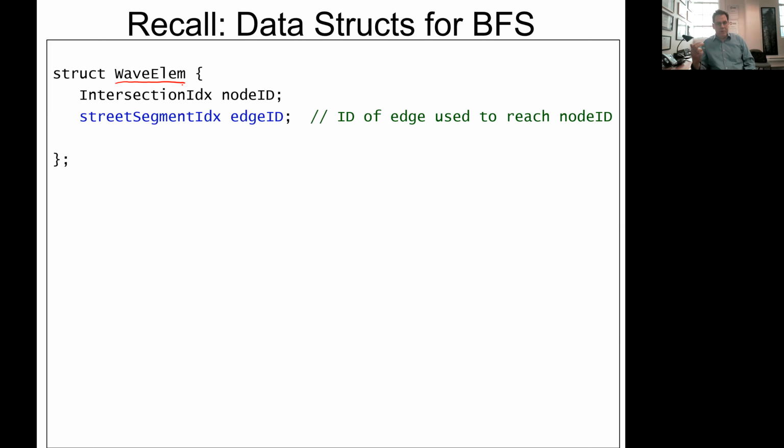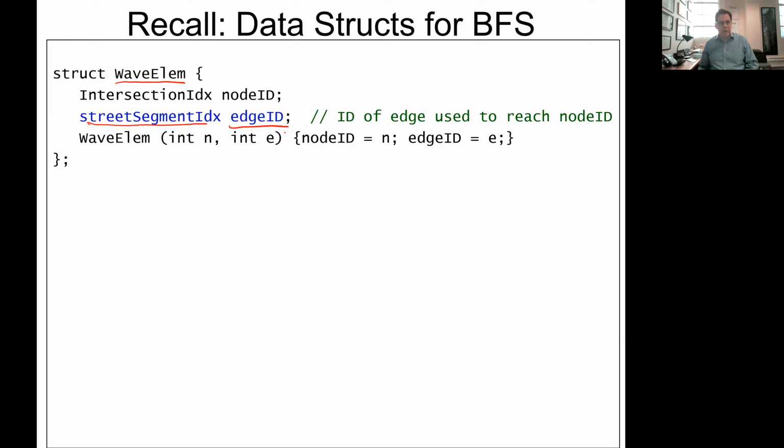And because I want to be able to figure out how I got to my destination when I actually reach it, I need to store a little more information. I'm going to store the street segment index or edge ID that I used to get to this node. To make the code a little shorter and cleaner, I'm also going to define a constructor, which just takes a node and an edge ID and makes a wave element.